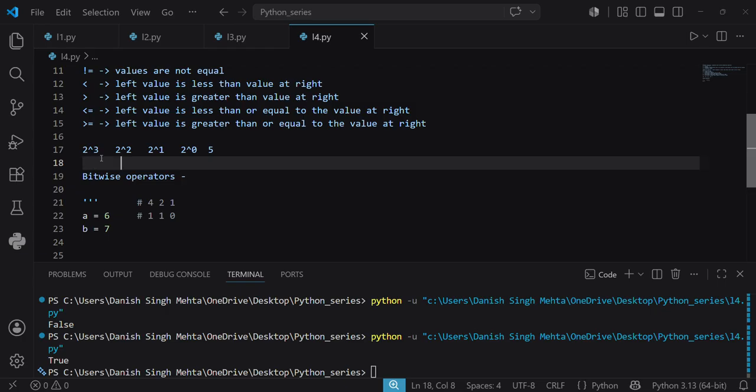So we will reject this, because if I do addition with 8, if I add 1 also to 8, it becomes 9. So we are just going far away from the value 5. So basically I will choose 4 and 1, and elsewhere I will write 0.